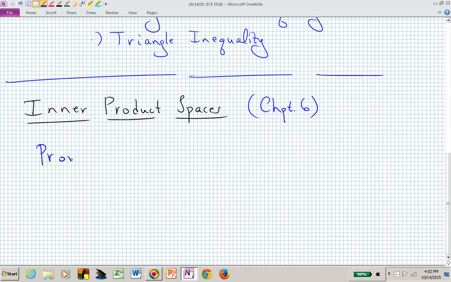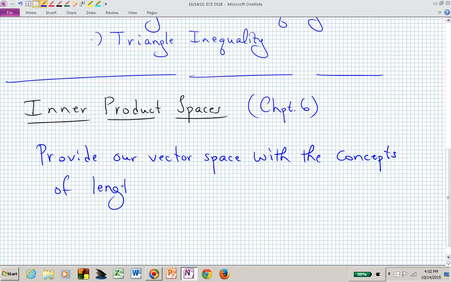And as I said before, this is going to provide our vector space with the concepts of length and angle.